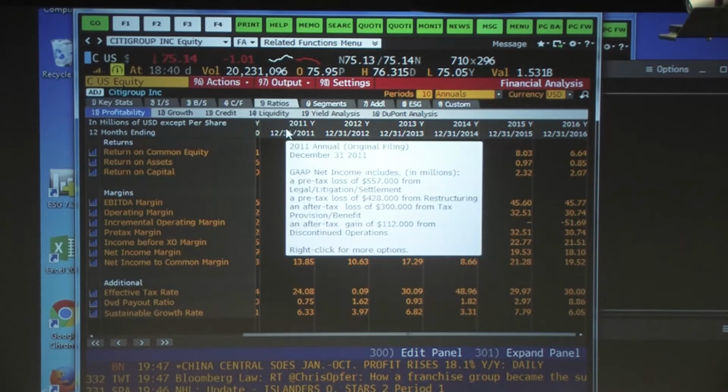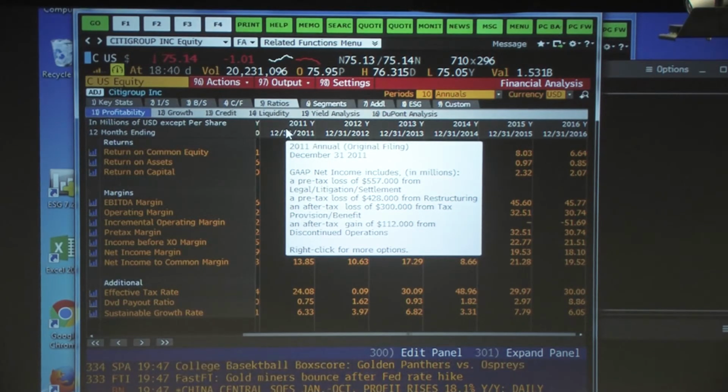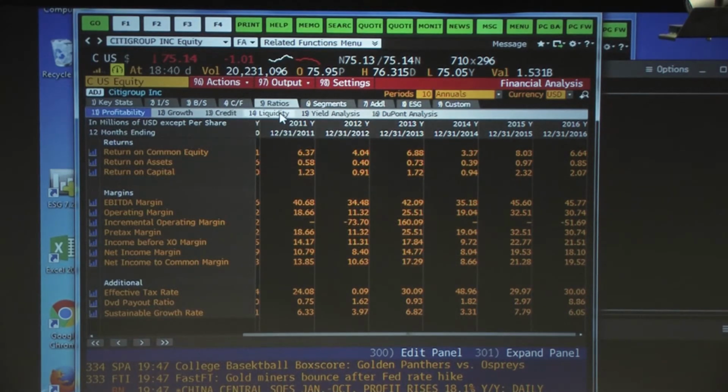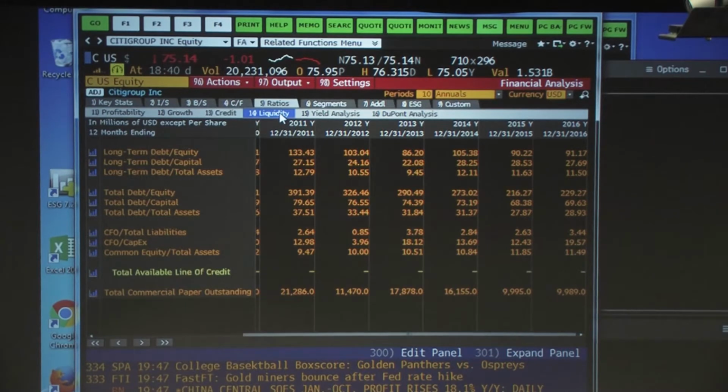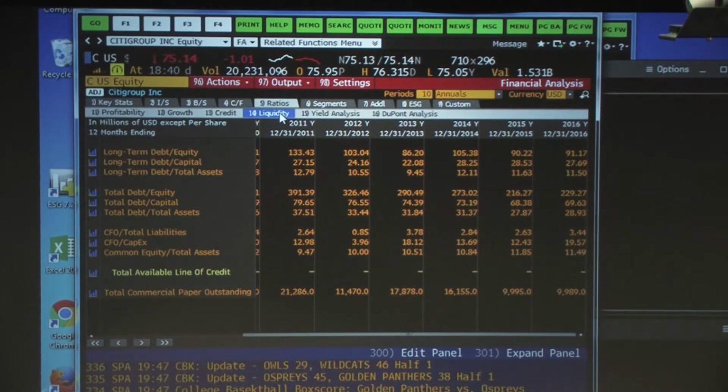We have a bunch of different ratios that measure a company's health, whether it's its profitability, its liquidity, or its credit analysis. If we go here, we can look at the liquidity ratios of the company over a certain time period. You can see we have information from 2011 all the way to 2016, so it allows you to analyze information from previous years.